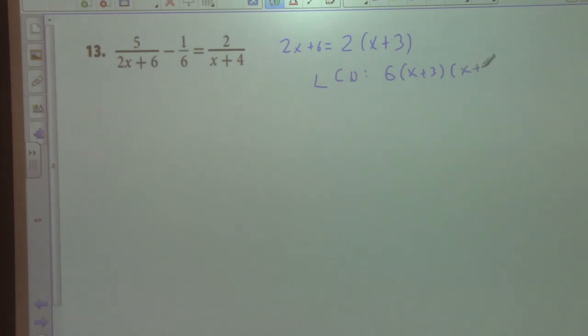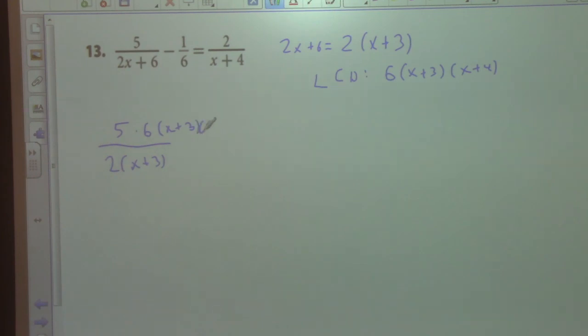Where's the 2? The 2 doesn't matter. You multiply, it's gonna be 12. See, 2 is included within the 6. Yeah, I see. The 6 will get rid of the 2. So we have 5 times 2, x plus 3. And we have to multiply through by this common denominator, right? X plus 4, x plus 3.